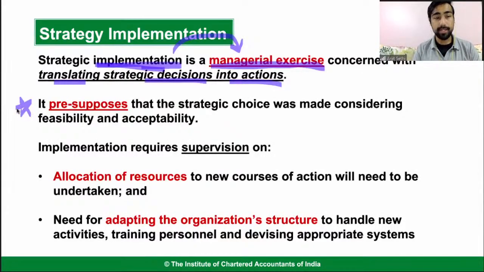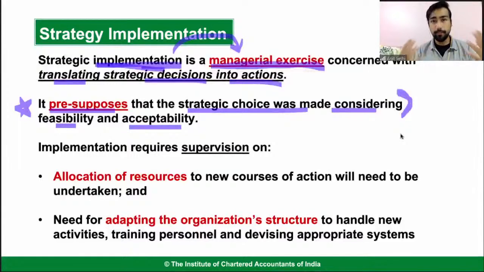It presupposes that strategic choice was made considering feasibility and acceptability. What does this mean? What I was just explaining, this is exactly that thing. Strategy implementation assumes that the strategy was formulated based on logic, practical feasibility and acceptability. Say for 18 years, I was used to studying 6 hours.